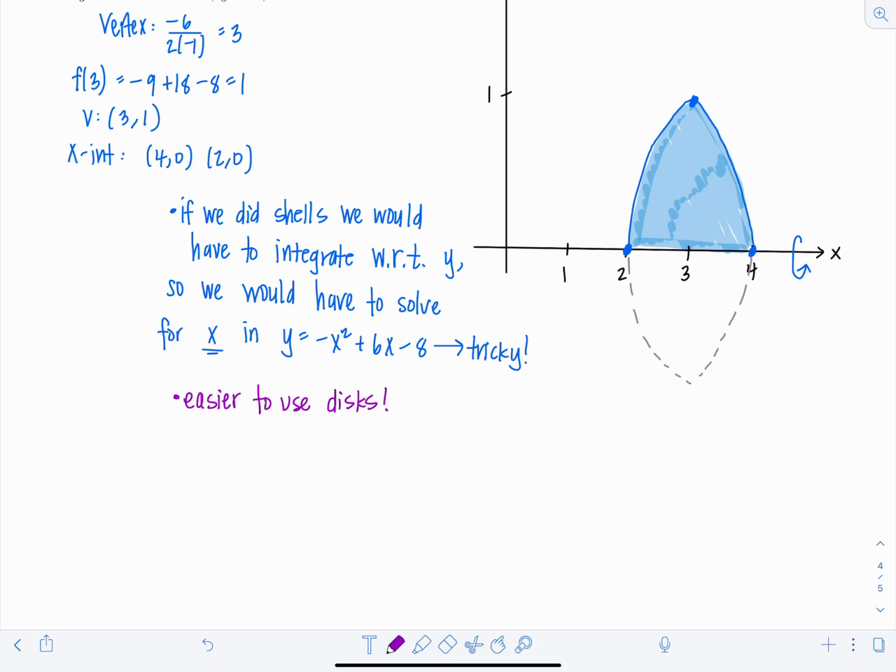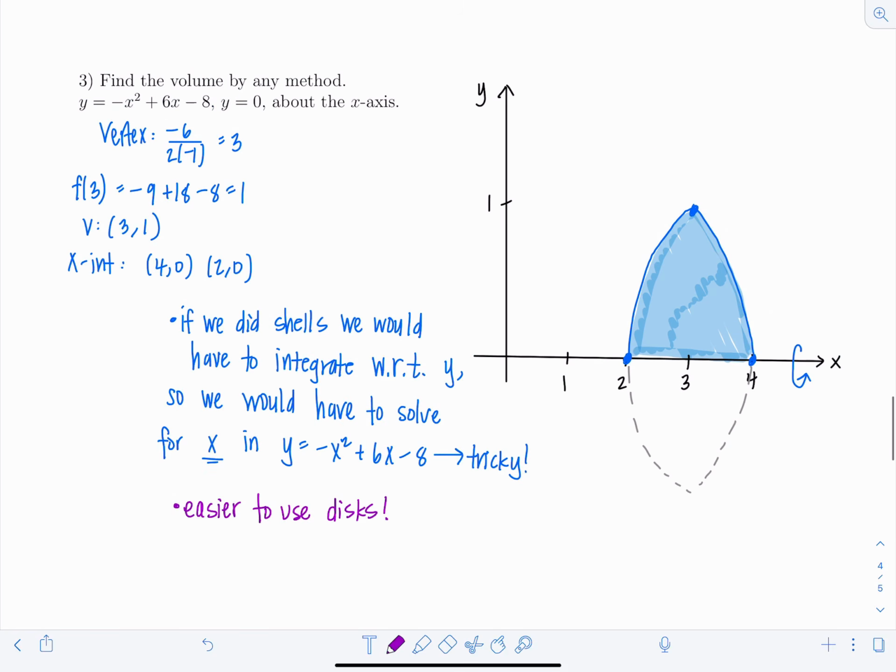Another reason why you wouldn't want to use cylindrical shells is if you drew a typical shell. If you drew a typical shell, so here's the radius, right? The radius doesn't look too difficult. Radius is y. But what about the height? Well, notice the height is composed of two different parts of the parabola.